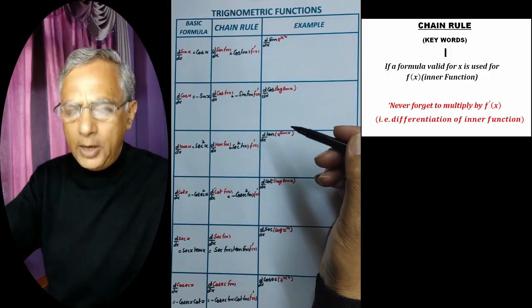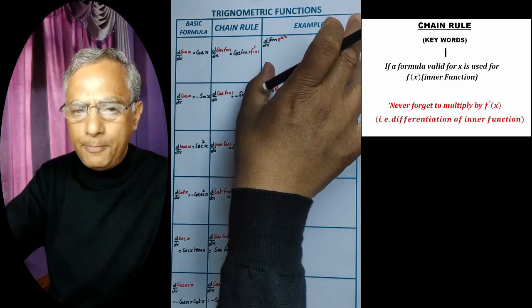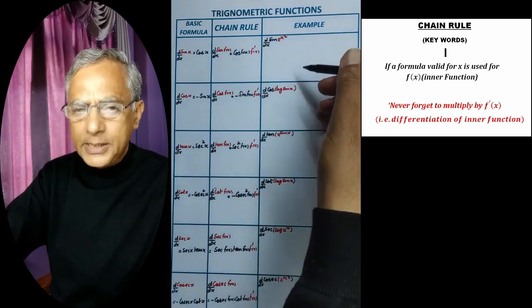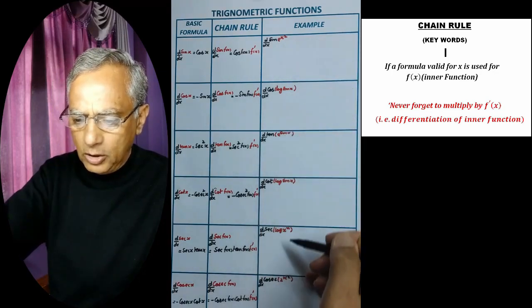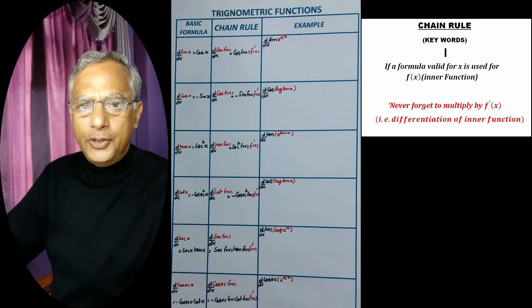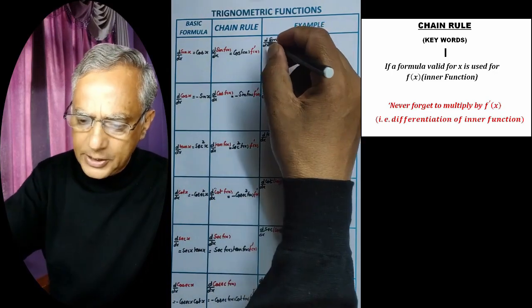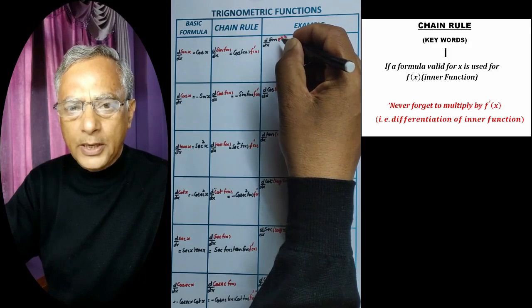I will take up some more illustrations. I will not take up many questions independently for chain rule. I am taking all the questions as illustrations for application of chain rule. So first is d by dx of sine e to the power of x square.